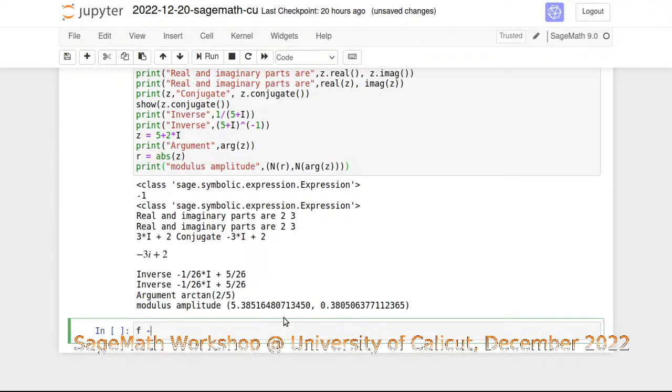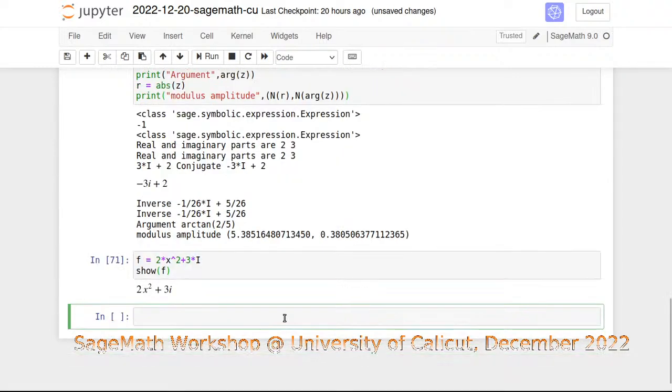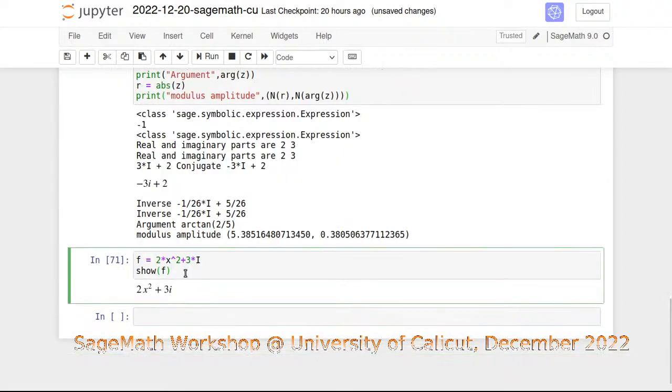Let us take f to be equal to 2x square plus 3i. If we take x to be this, and suppose that we want to solve for this, showing f, 2x square plus 3i.